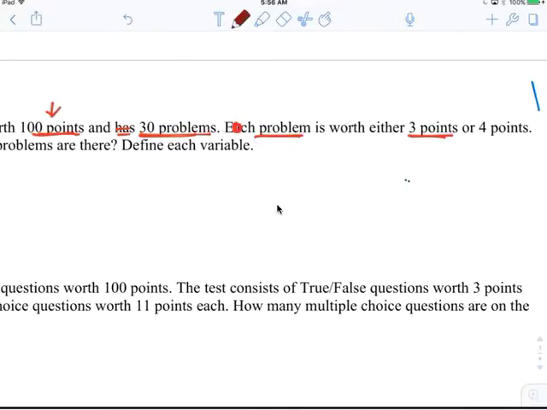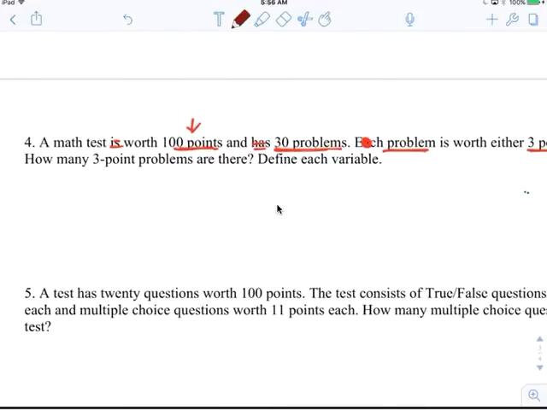Each means times. And 4 points. How many 3-point problems are there?